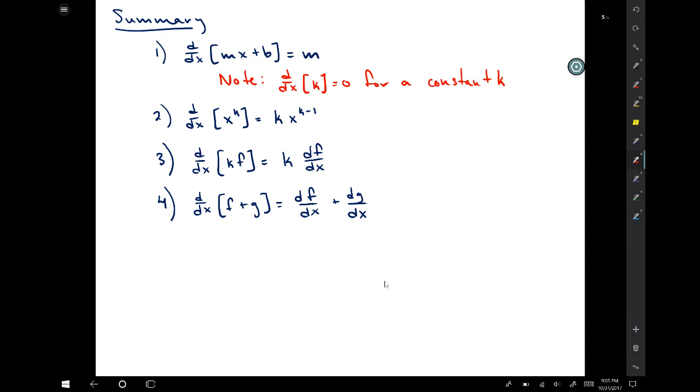The derivative of x to the k is kx to the k minus 1. You pull down the power, you subtract 1 from the exponent. The derivative of a constant times a function is the constant times the derivative. You can just pull the coefficient out front. And the last one, the derivative of a sum is the sum of the derivatives. You can distribute the derivative over sums.